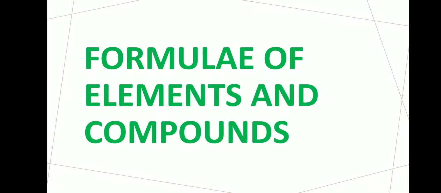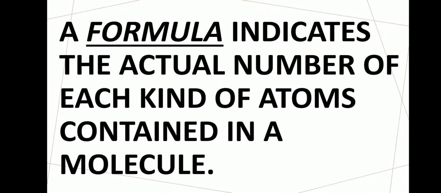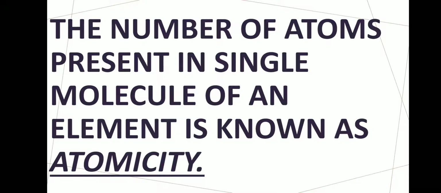Today's third topic is formulae of elements and compounds. A formula indicates the actual number of each kind of atoms contained in a molecule. Just as a symbol represents the atom of an element, the formula represents the molecule of an element or a compound.